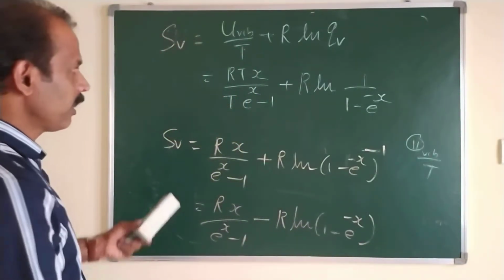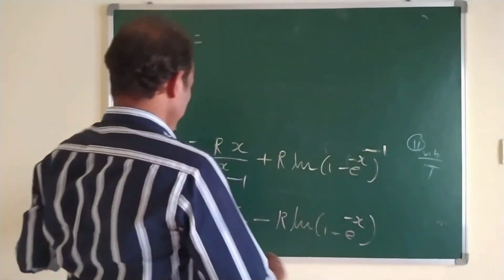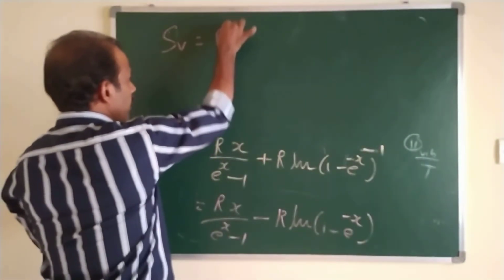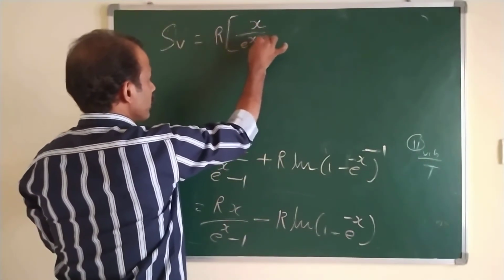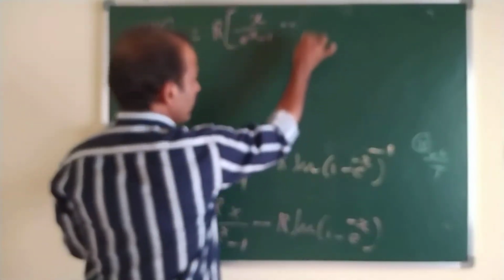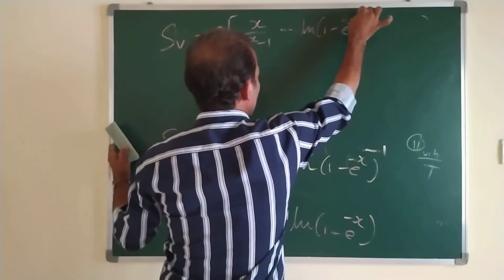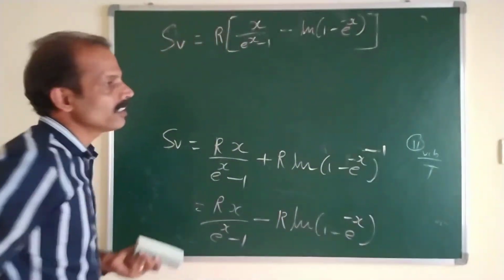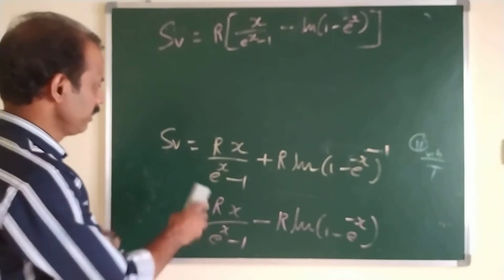Here taking R common, SV is equal to R into x by e raised to x minus 1 minus ln 1 minus e raised to minus x. That is the equation for vibrational entropy.